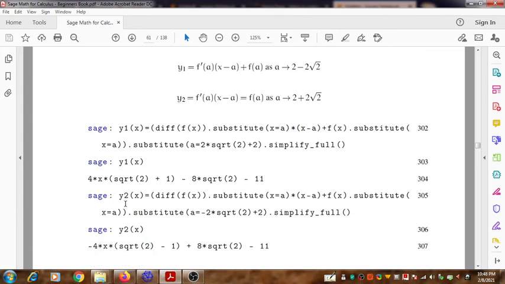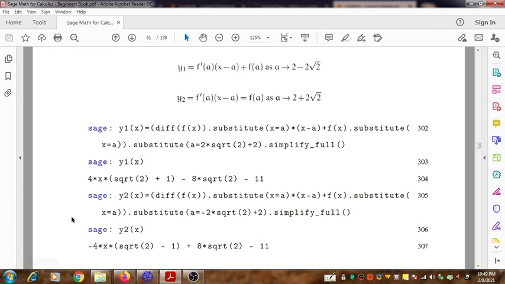And then the second line can be given in a similar way. y2x equal to derivative of fx dot substitute x equal to a, into x minus a plus fx dot substitute x equal to a, dot substitute a equal to minus 2 into square root of 2 plus 2, dot simplify full.